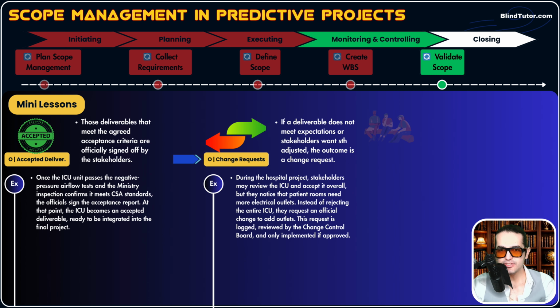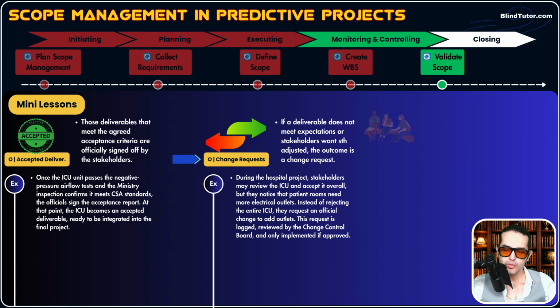This request is logged. We have a document called change log. We log, we record, we store all those requests. This request is logged, reviewed by the change control board, and only implemented if approved. So change request is another output of validated scope.